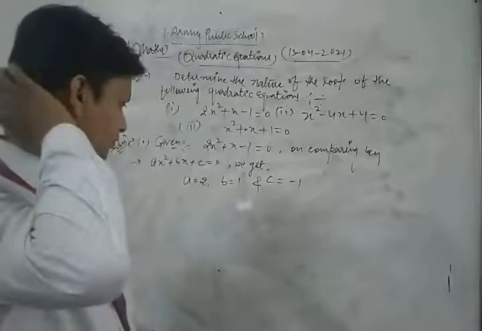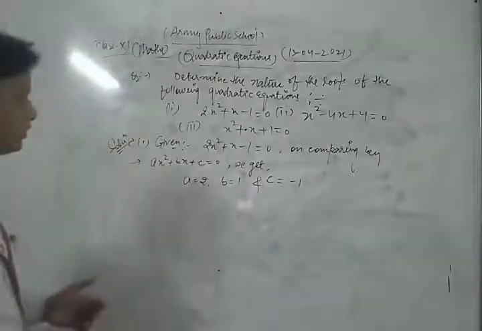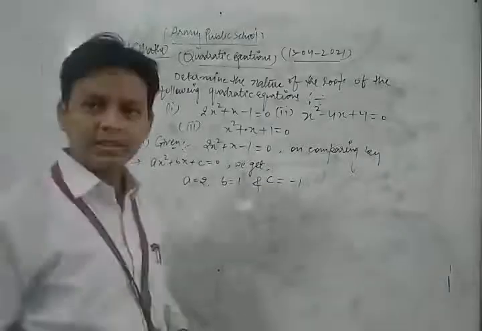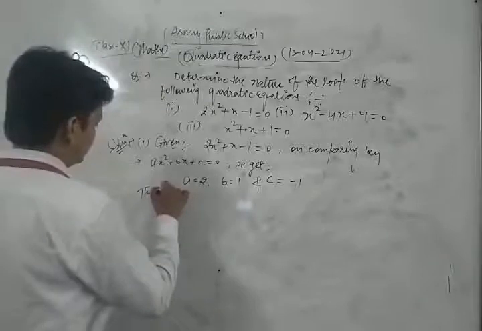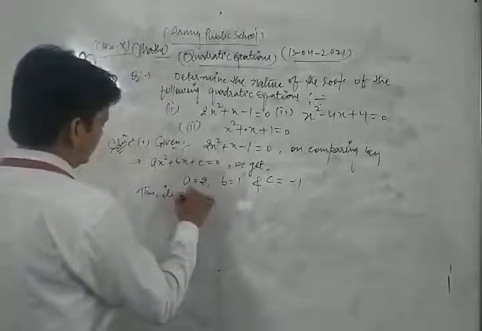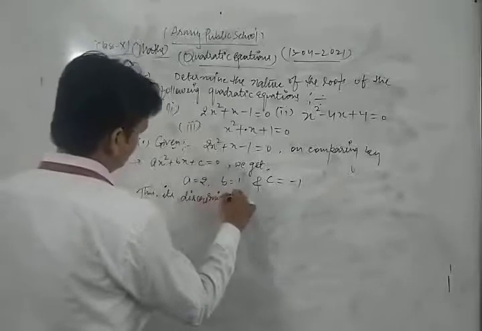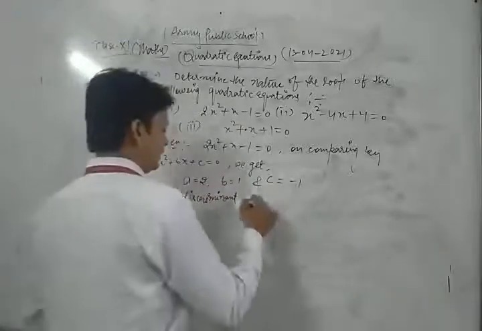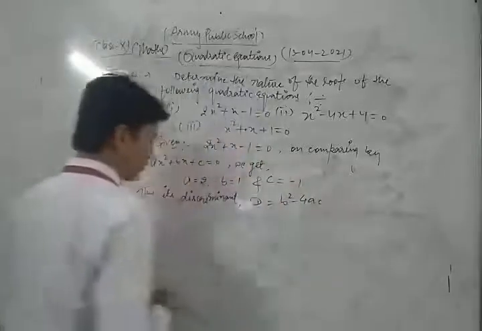Now in this way we have the values. Now we find the discriminant. Its discriminant D is equal to b square minus 4ac.